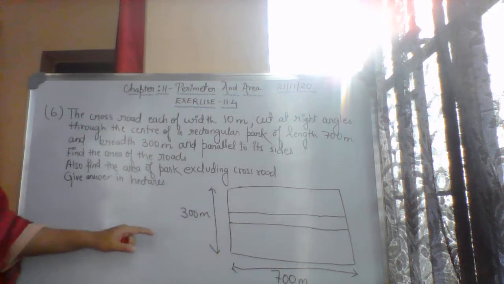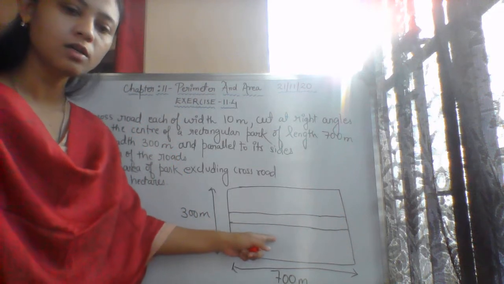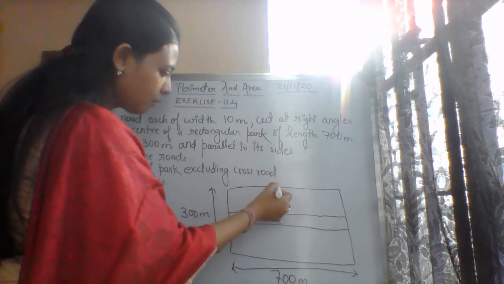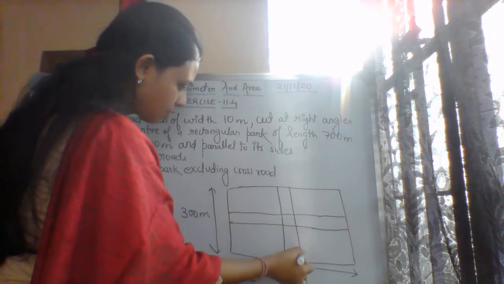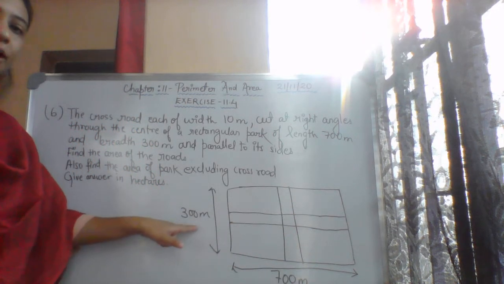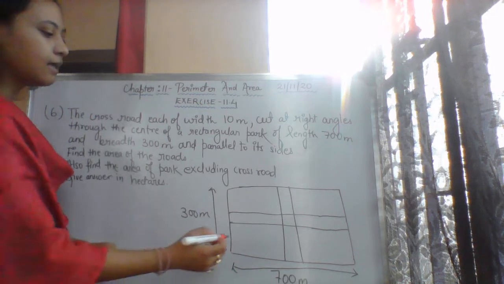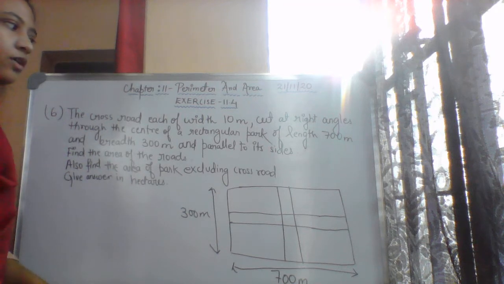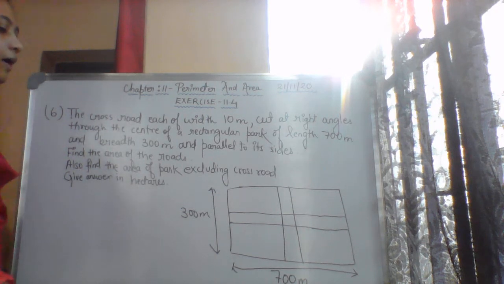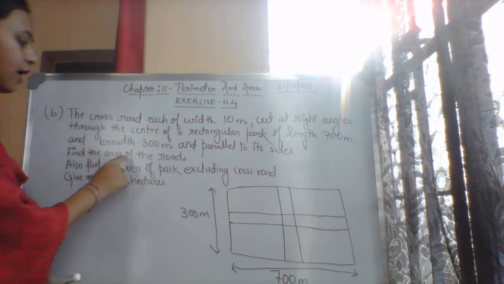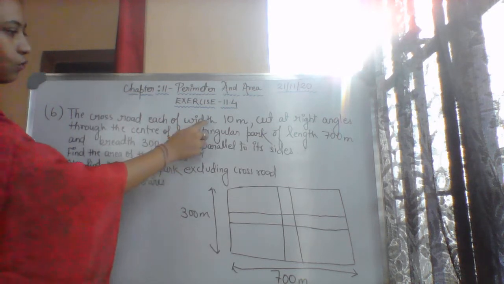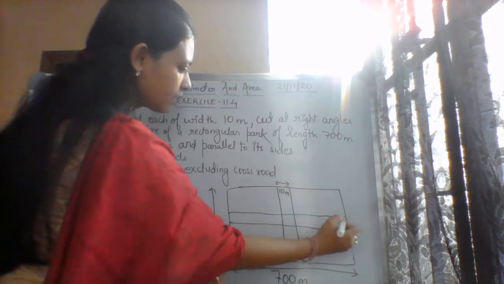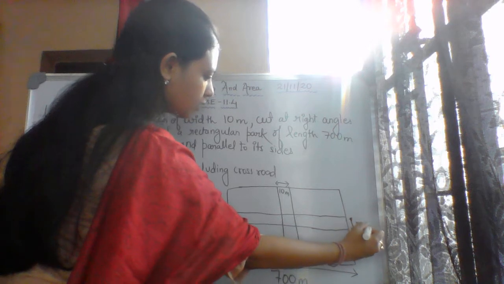There is one road parallel to the length of the rectangular park, and one more road going parallel to the breadth, and they are cutting at the center portion of the rectangular park. One more thing given is that the width of the road is 10 meter. This width is 10 meter, and this width is also 10 meter.